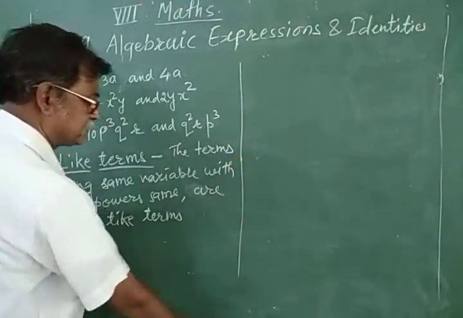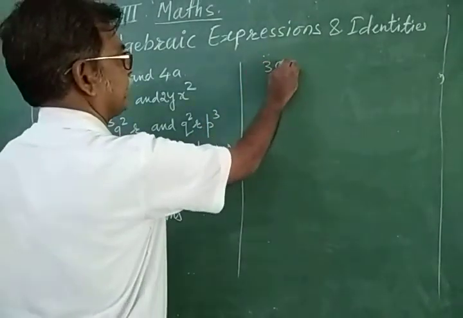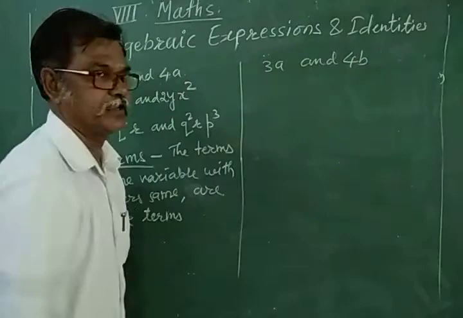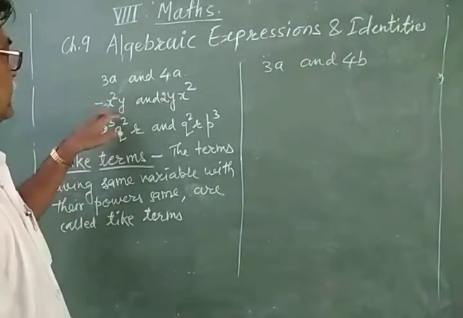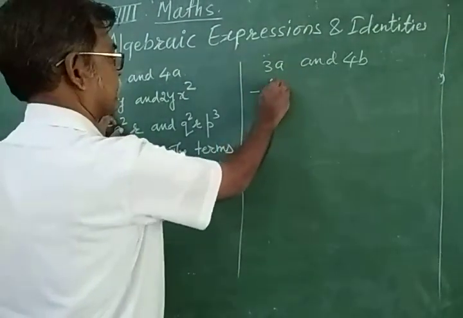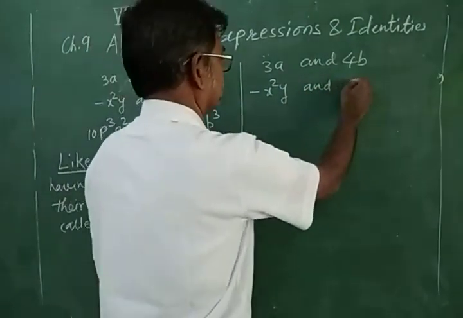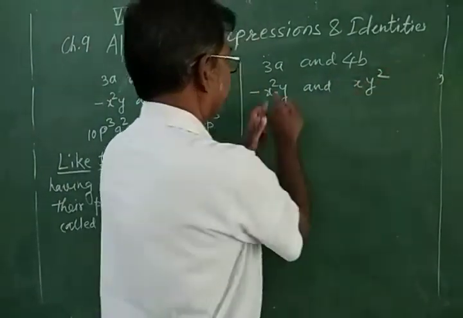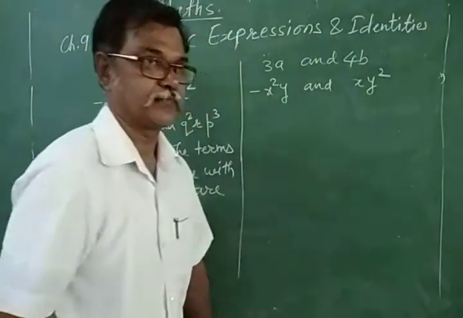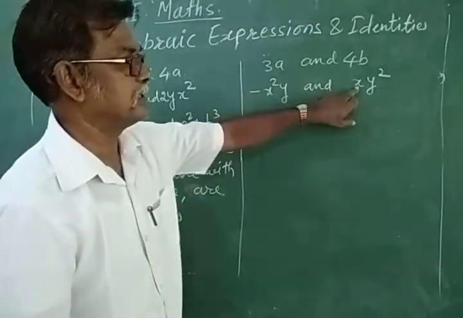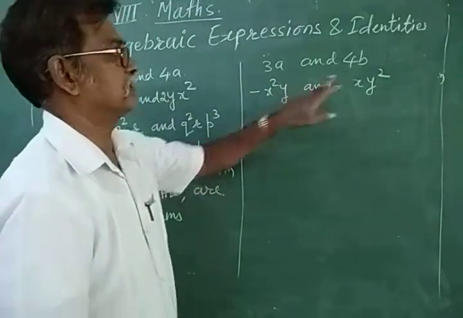Whereas 3a and 4b, different variables. This minus x square y and x y square, variables are same, but the powers are different. Here power of x is 2, here x is 1. Power of y is 1, here y is 2.